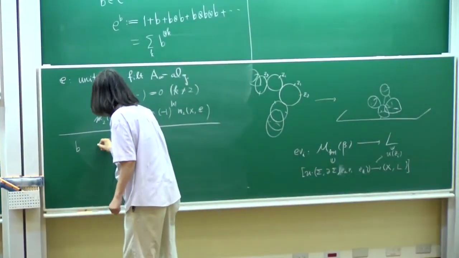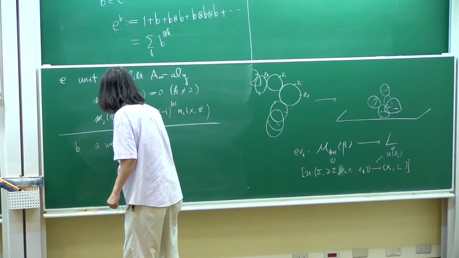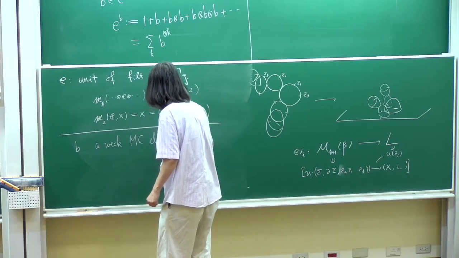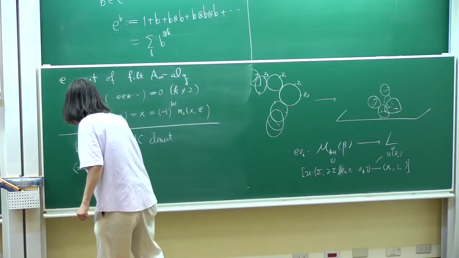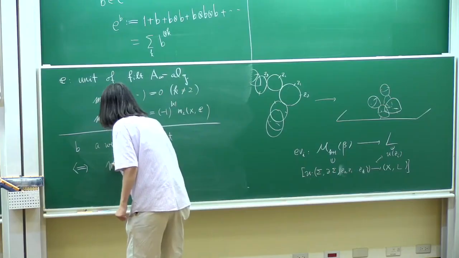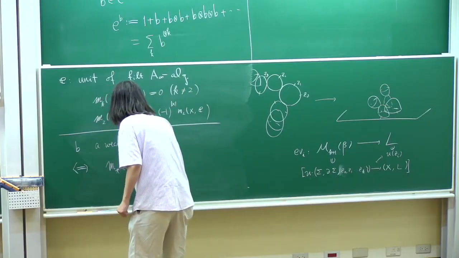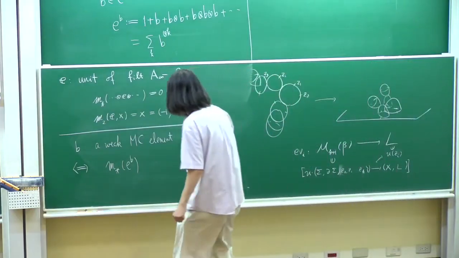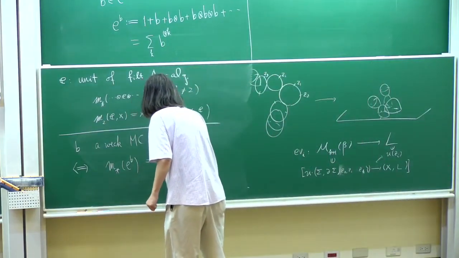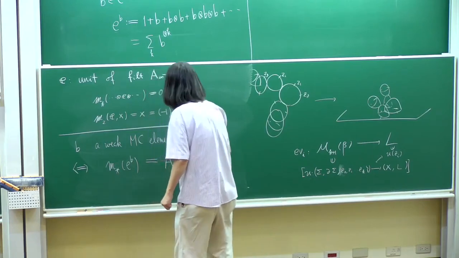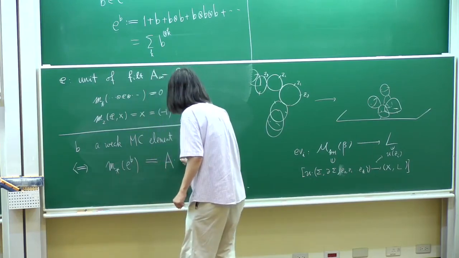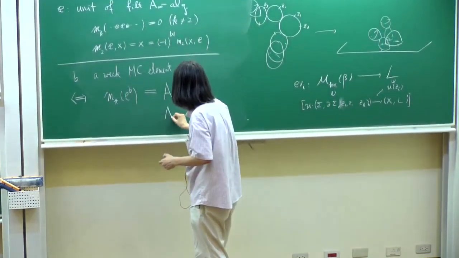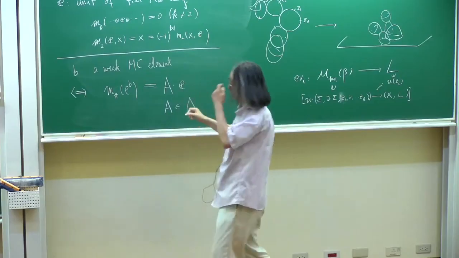So B is called a weak Maurer-Cartan element if M star dB is proportional to the unit. Namely, this is equal to some A times this E. And A is from Lambda 0, but in fact, it's actually Lambda plus.